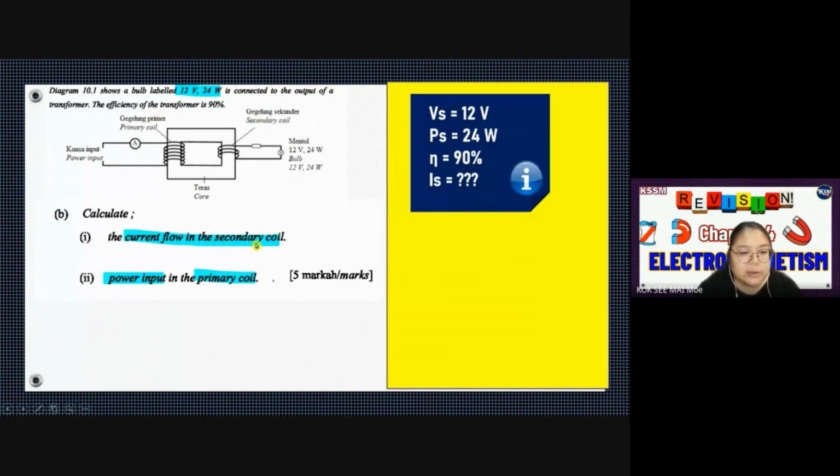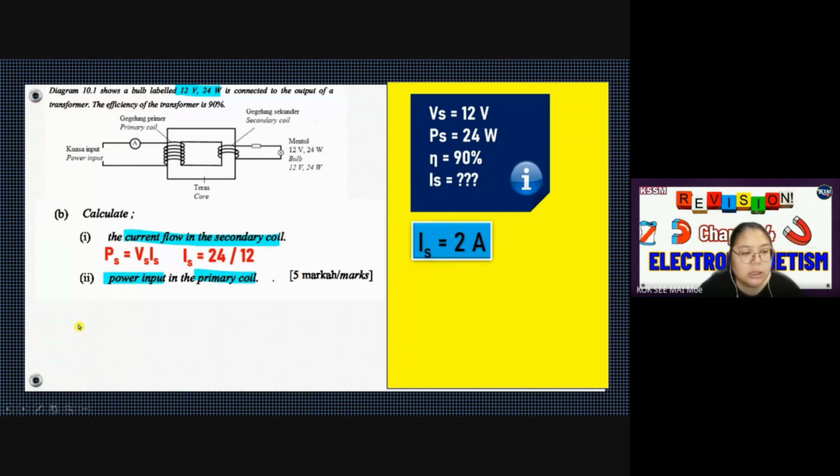The first question asks about the secondary current. We just use P = VI. P = VI, but this P is for the output. So power is 24, Vs is 12. So I find the current for the secondary coil is 2 ampere.